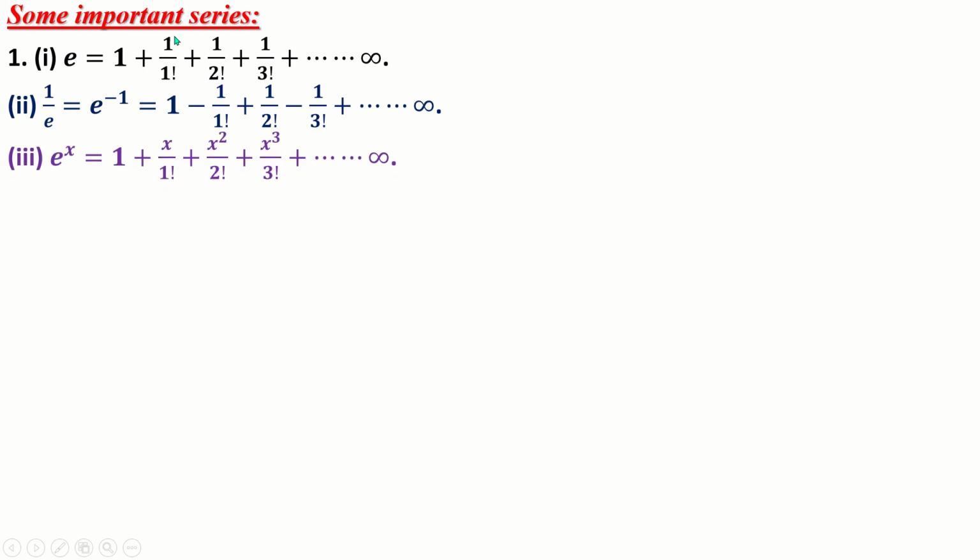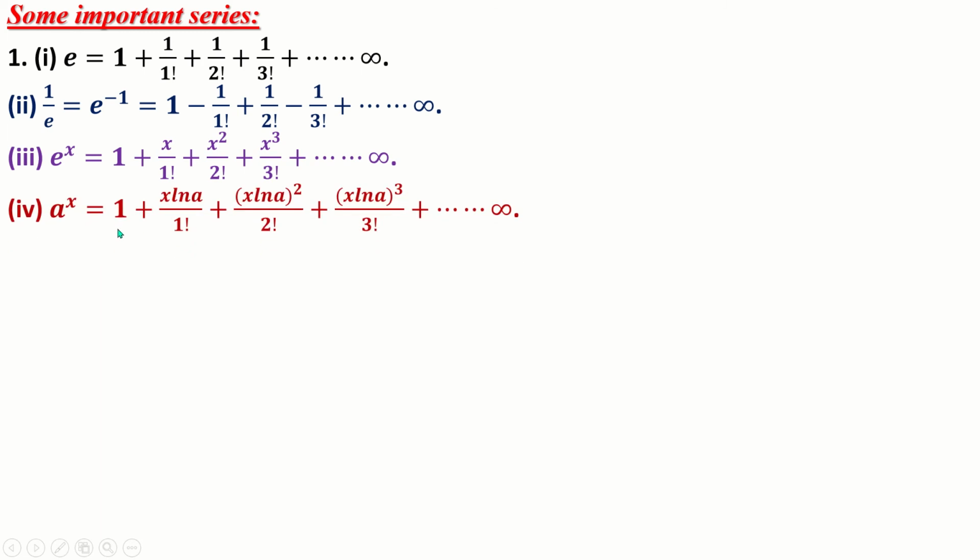E to the power x is 1 plus x plus x square and x cube factorial terms, remaining part the same. A to the power x equals 1 plus x ln a by 1 factorial plus x ln a whole square by 2 factorial plus x ln a to the power 3 divided by 3 factorial plus dot dot dot.